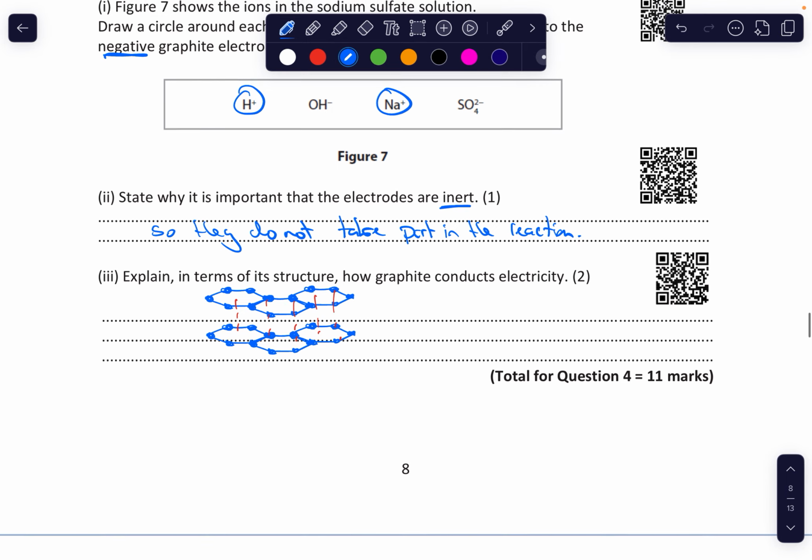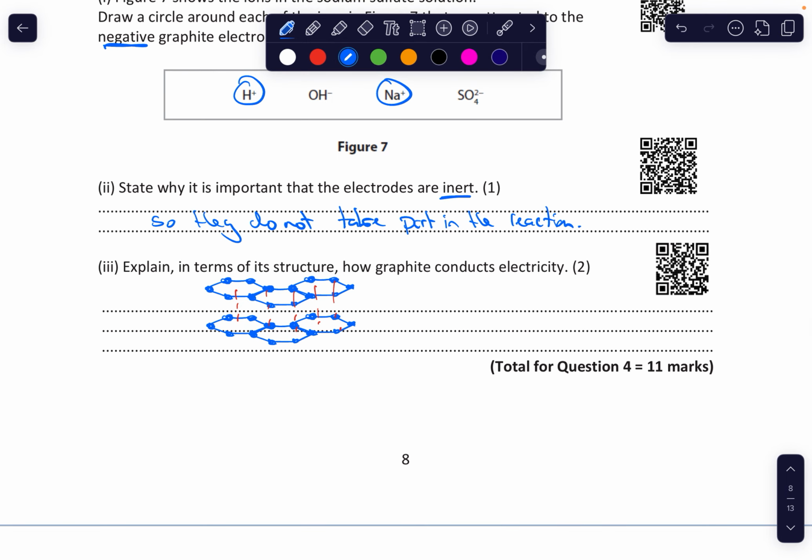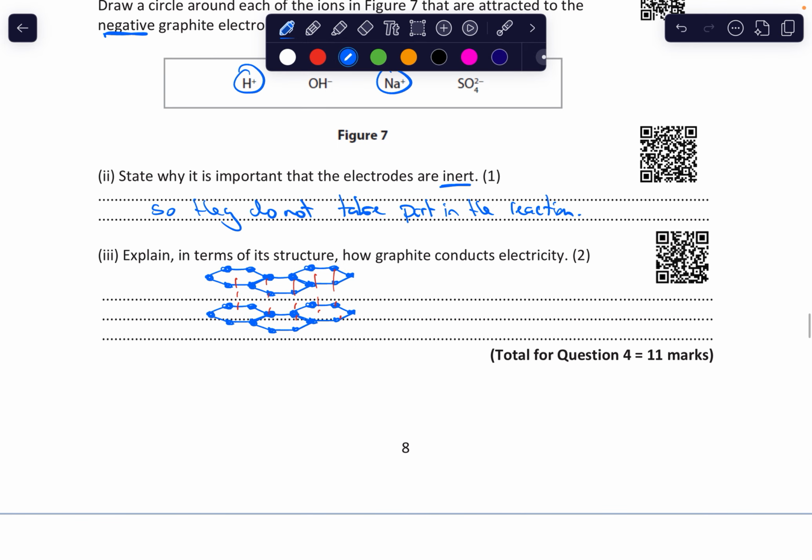Explain in terms of its structure how graphite conducts electricity. So graphite conducts electricity because if we look at the structure here, this carbon contains 1, 2, 3 bonds. So this means it contains delocalized electrons because carbon should make 4. It's only making 3, so it's got this spare electron, it becomes delocalized and is free to move.